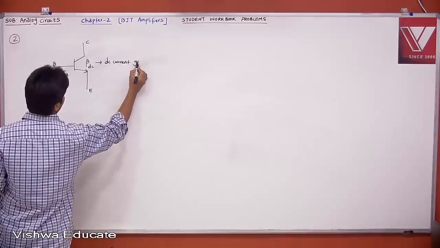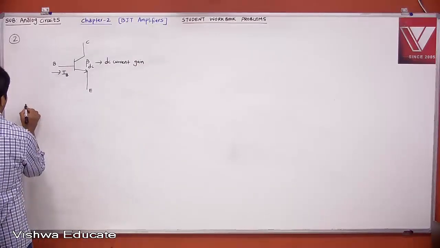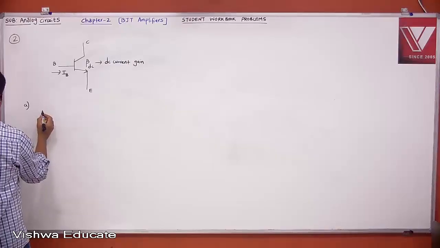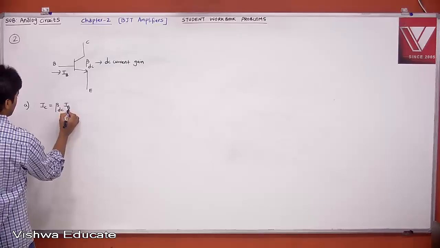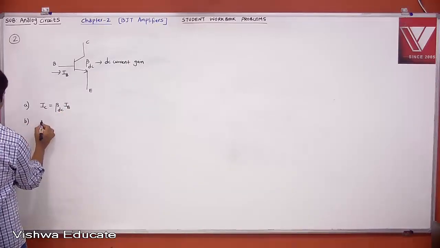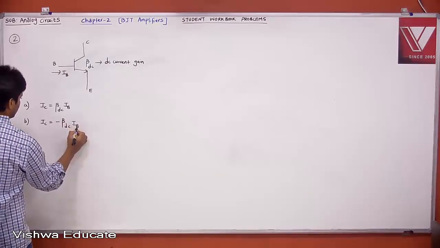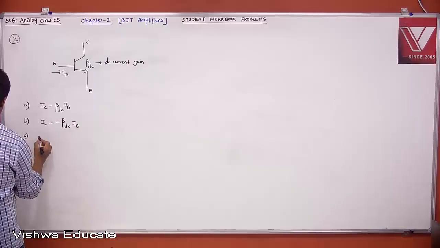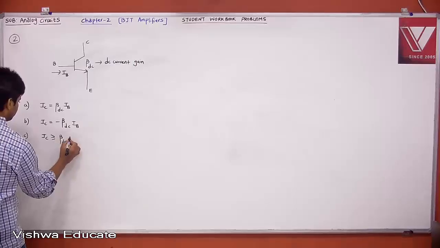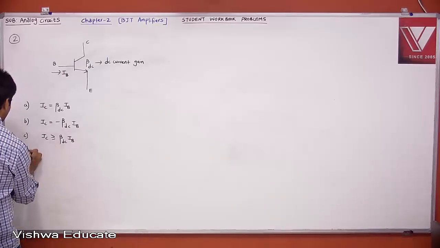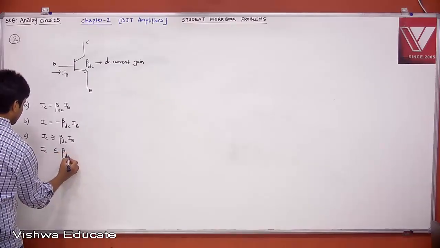Then option A, IC is always equal to beta into IB. Option B, IC is always equal to minus beta into IB. Option C, IC is greater than or equal to beta into IB. Option D, IC is less than or equal to beta into IB.